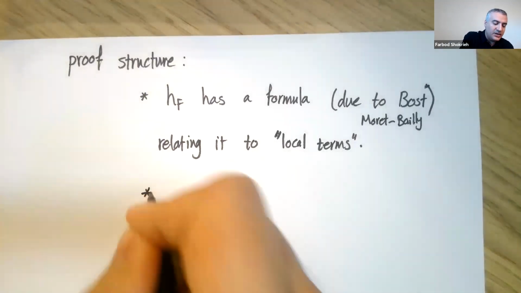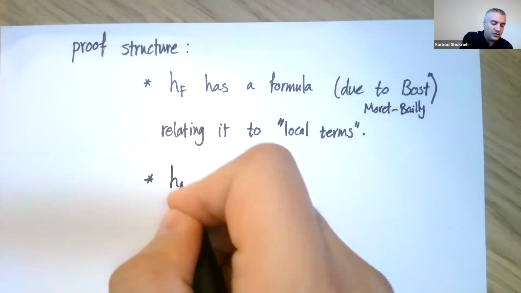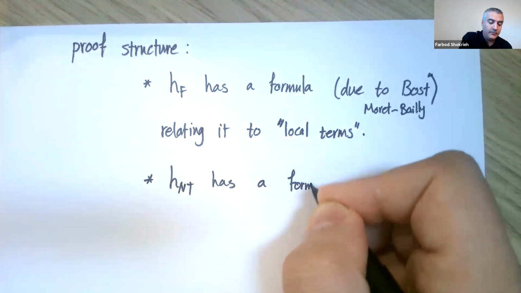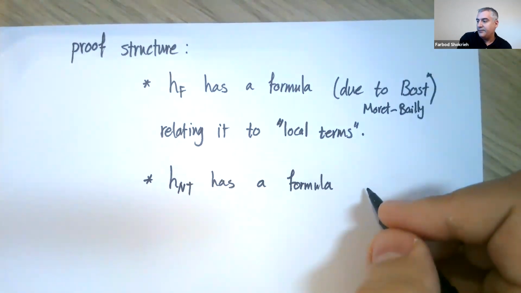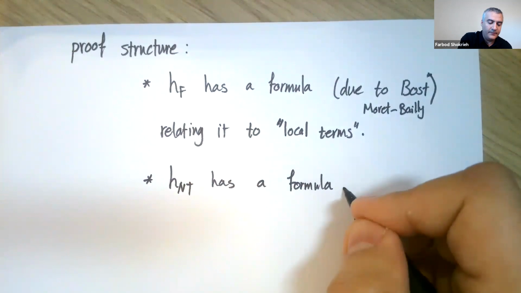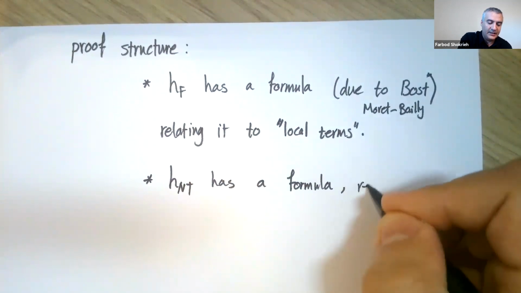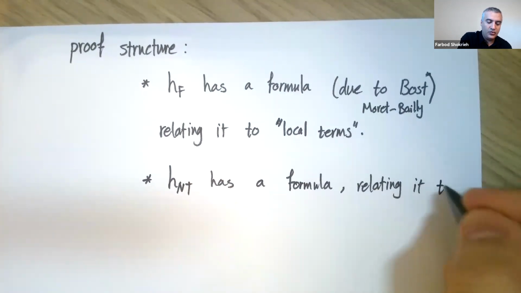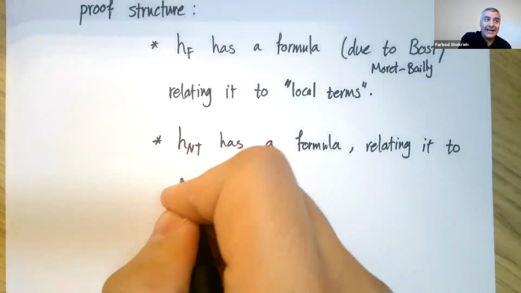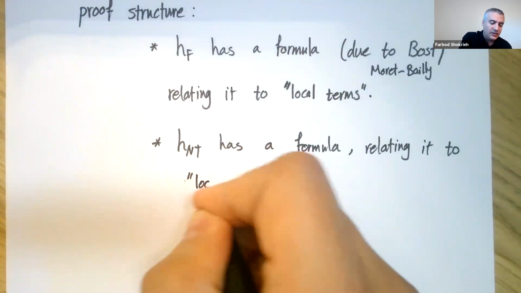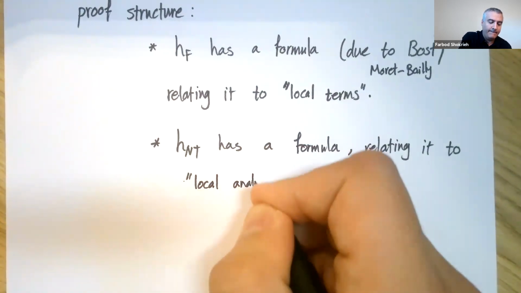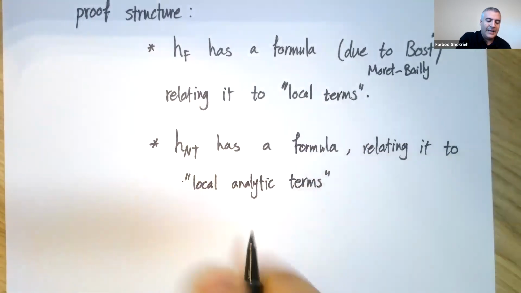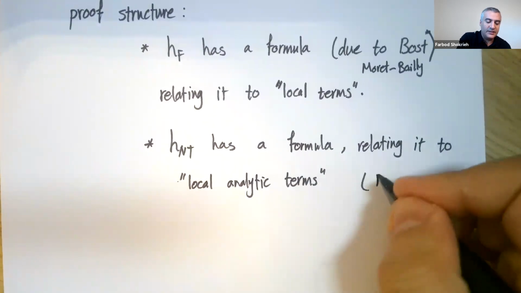And then I already mentioned Néron-Tate height also has a summation formula relating it to local terms, but now they're local analytic terms. By analytic, I mean it relates to Berkovich spaces.